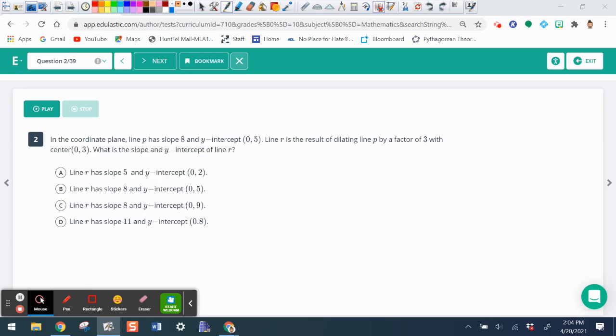For example, if we had a square and dilated it by a scale factor of 3, each side length will be 3 times larger, so we can call that A prime, B prime, C prime, and D prime.